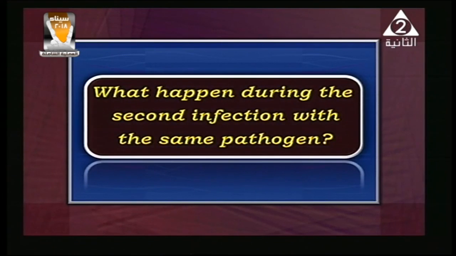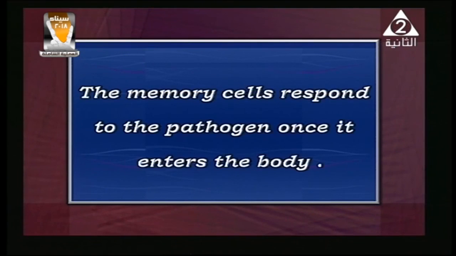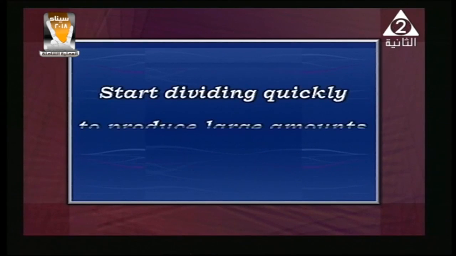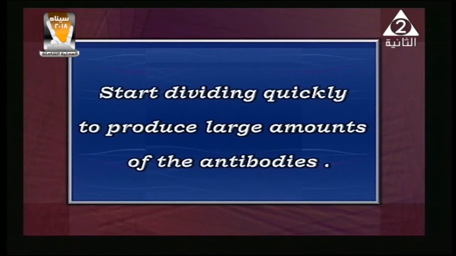But what happens during the second infection with the same pathogen? When the memory cells respond to the pathogen, which you have already been infected by before, an old history of your disease, the memory cells are directly activated, and as soon as the pathogen enters the body, they start dividing quickly, more than one time, to produce a large amount of antibodies.